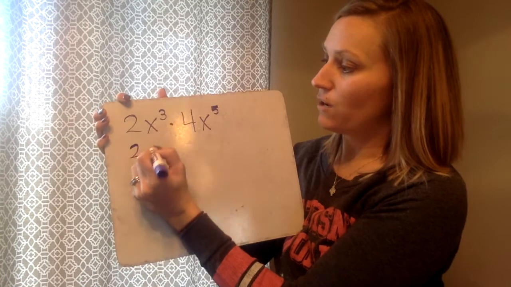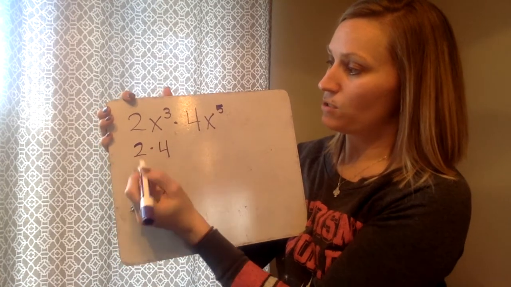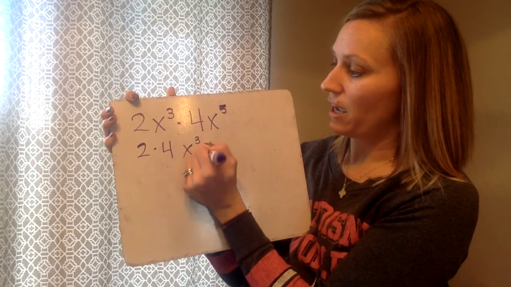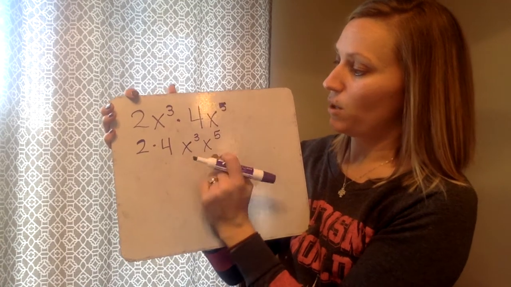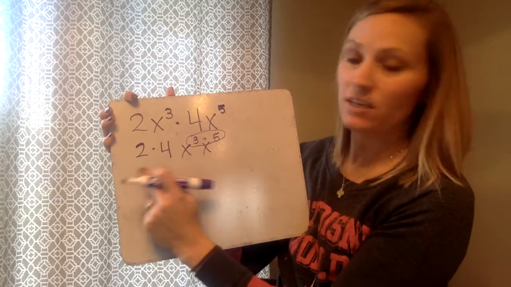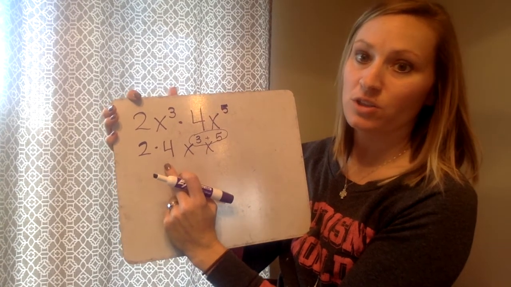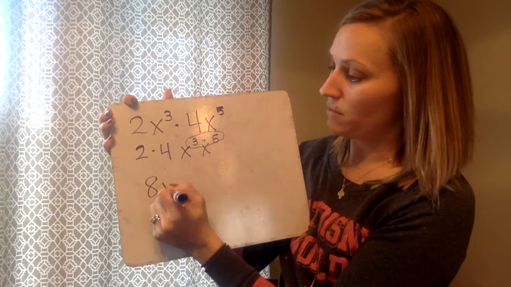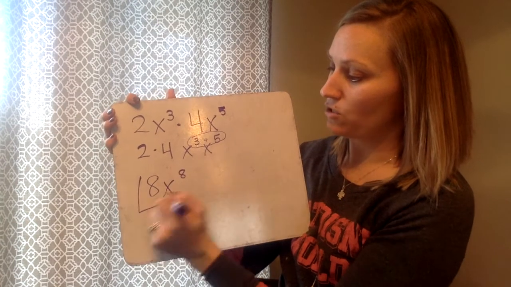So I can reorganize this and put my big numbers, my coefficients together, and then we have an x to the third and an x to the fifth. And because we are multiplying, we're going to add these two together. But these are not exponents, so you are going to do the multiplication. So 2 times 4 is 8, and then that becomes x to the 8th power because 3 plus 5 is 8.